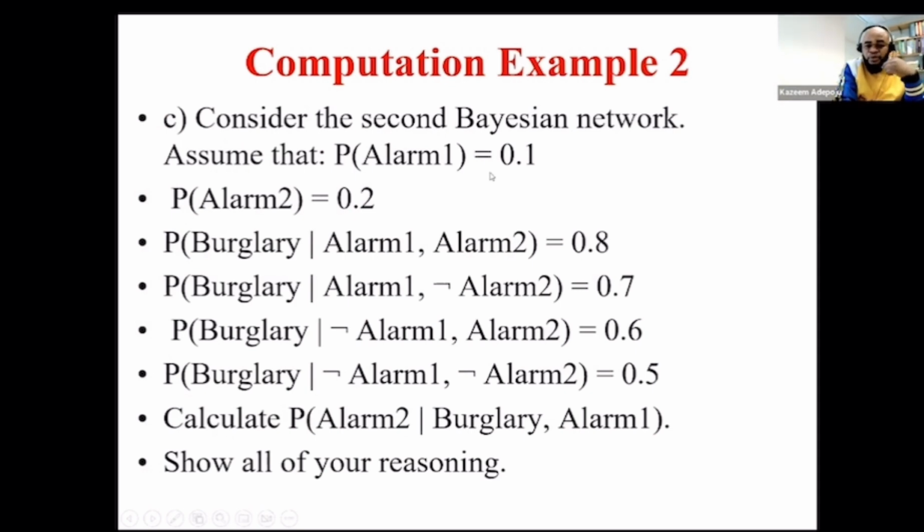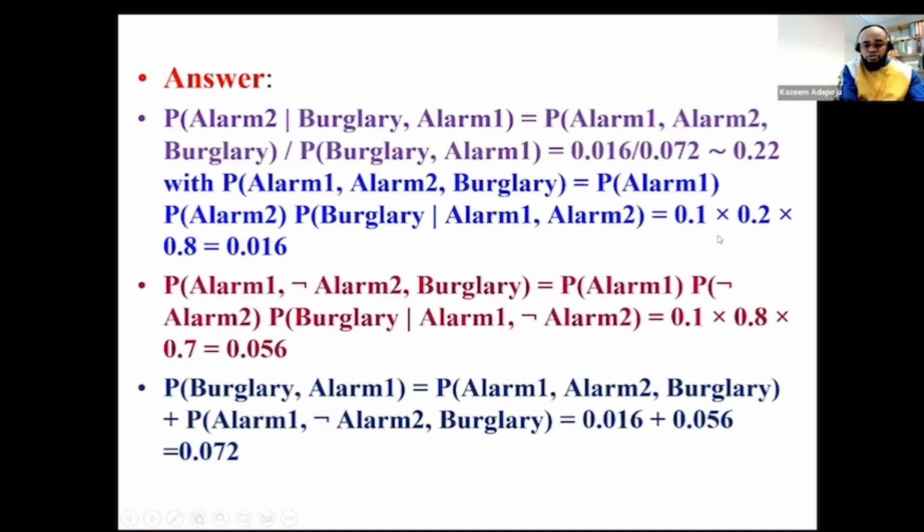You see that they gave you the probability of alarm 1, the probability of alarm 2, and the probability of burglary given alarm 1 and alarm 2. So I'm just going to plug in 0.1 for alarm 1, 0.2 for that, and 0.8 for this, which you have been given. With that, I get 0.016, which is the probability of the joint.